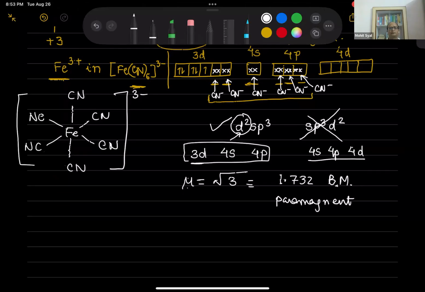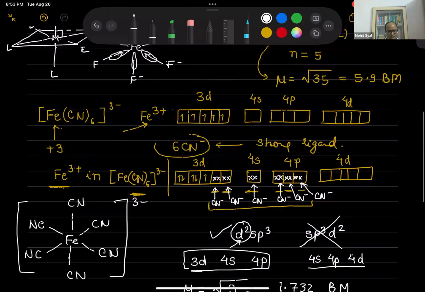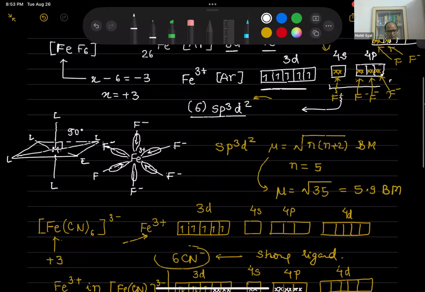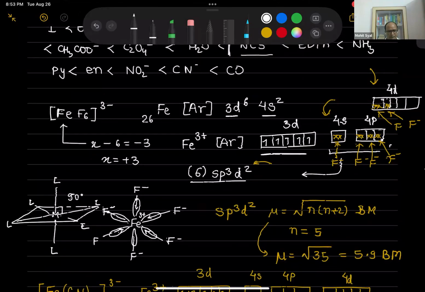Got it? It will be paramagnetic in nature. But the force of attraction felt by it will be less because there is just one unpaired electron. In the above example, you had 5 unpaired electrons. Got it?